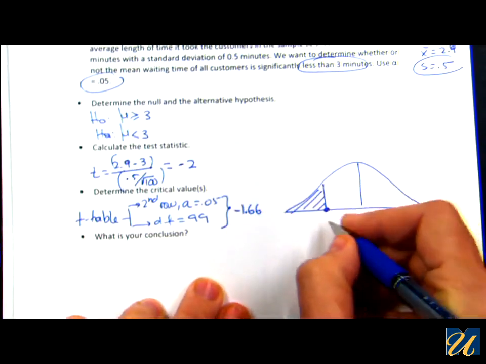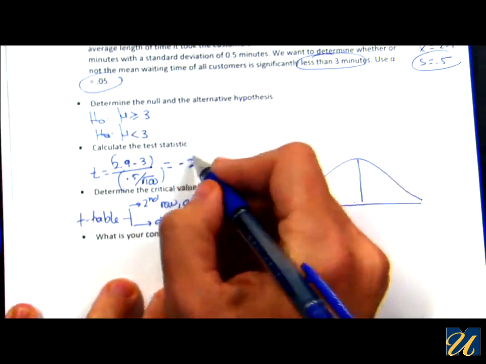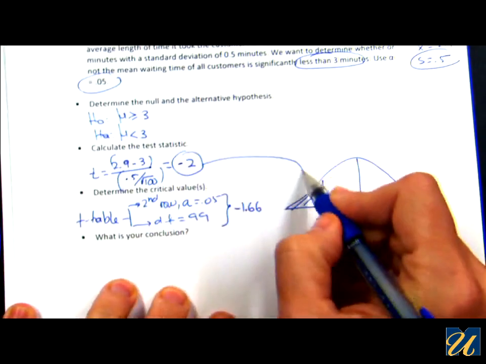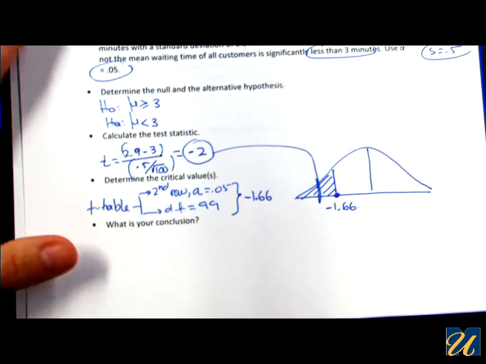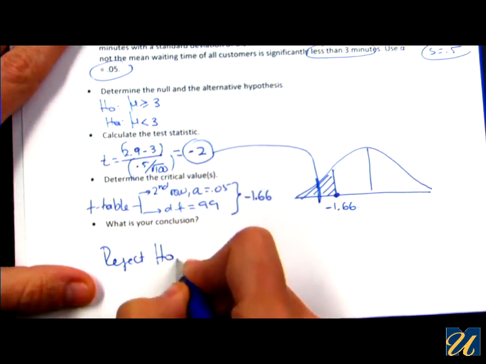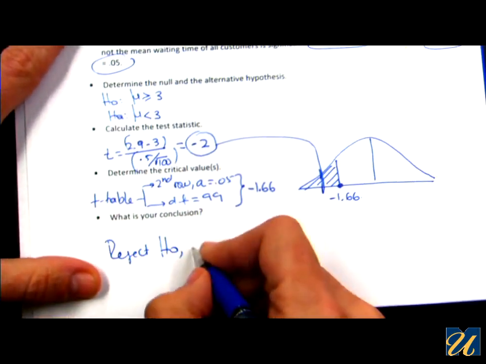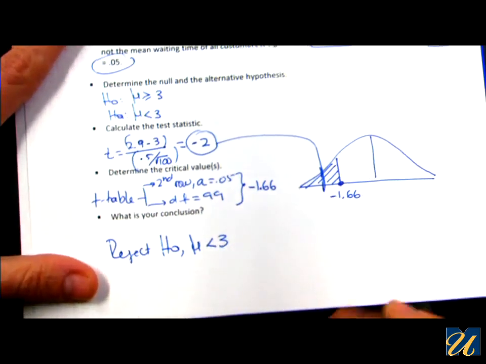So this value here is negative 1.66. Negative 2, your test statistic, falls inside the rejection area. Therefore, the conclusion will be that we reject H0, and since we reject H0, we have enough evidence to support the fact that mu is indeed less than 3.